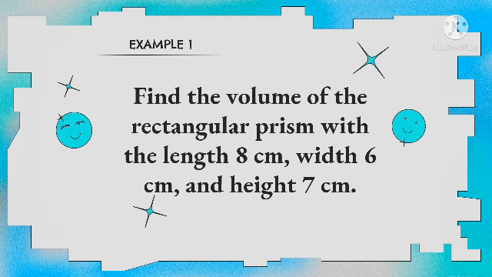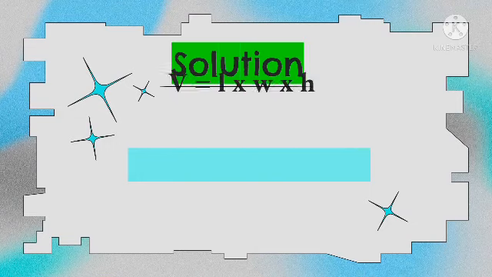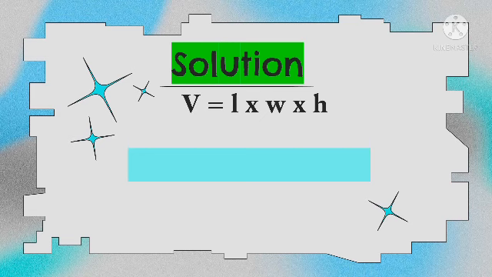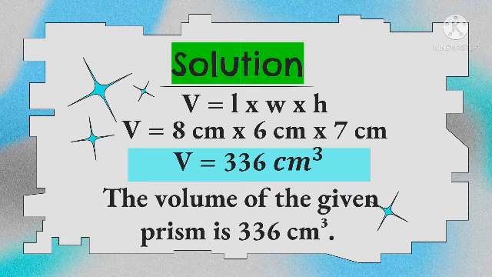Okay, so to find the volume, we're going to use the formula V equals L times W times H since rectangular prism yung sinabi dun sa problem. So, substitute natin yung mga given values to the formula, and then we will get the volume of 336 cubic centimeter. So, that is the volume of the given prism, which is 336 cubic centimeters.